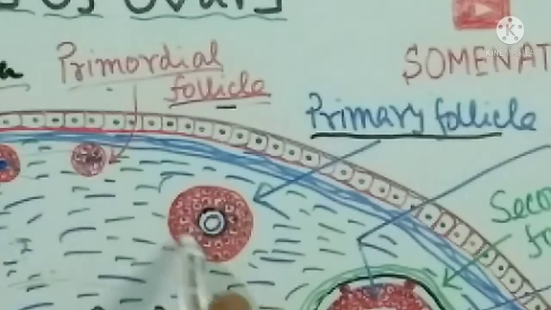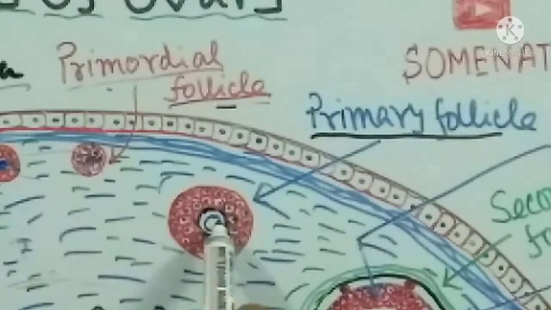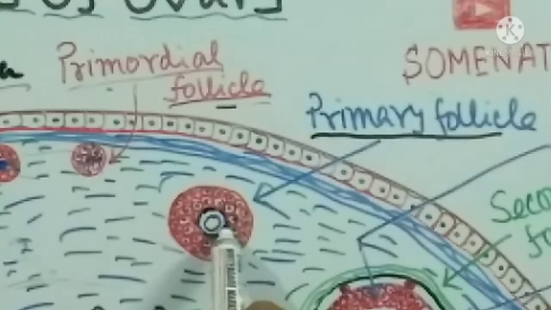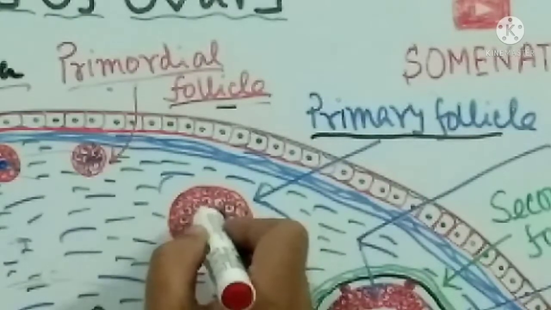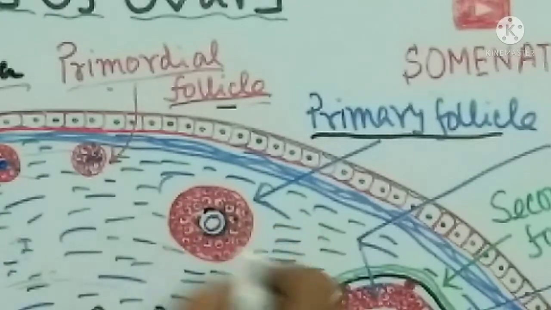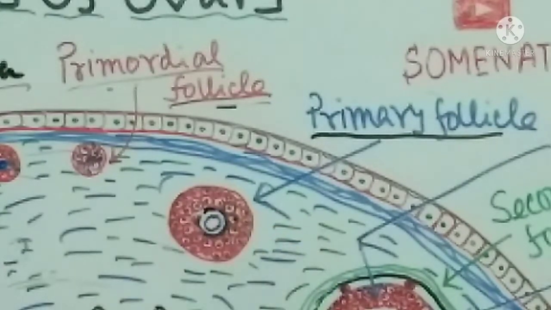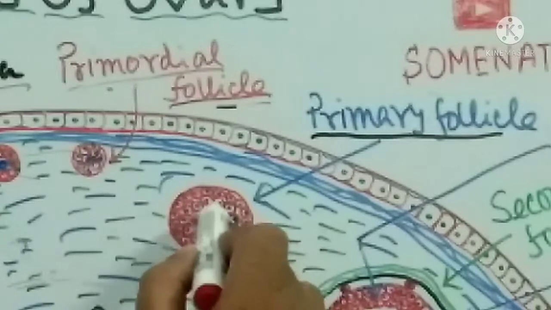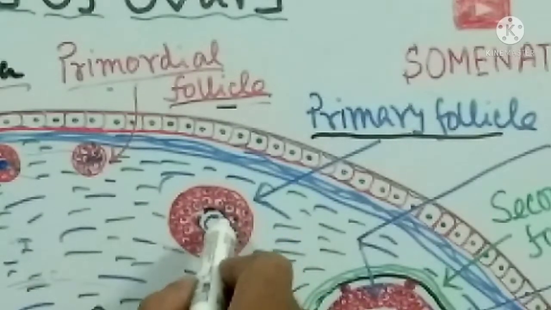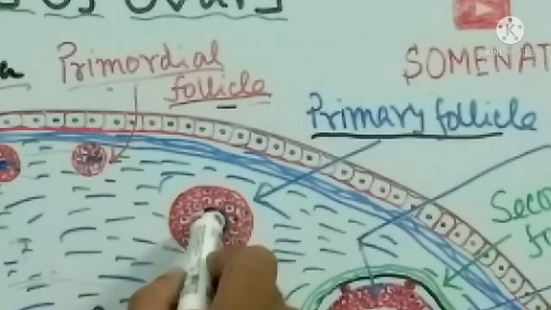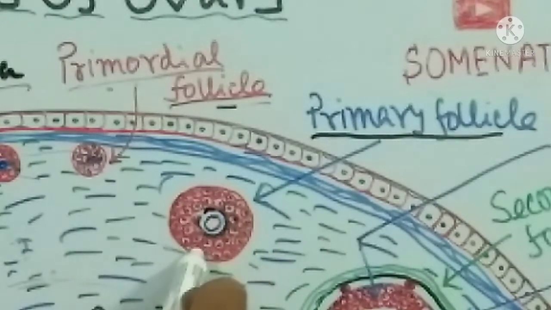These are granulosa cells. One large oocyte, and here a layer called zona pellucida is formed surrounding the oocyte, which separates oocyte from the follicular cells, that is granulosa cells.